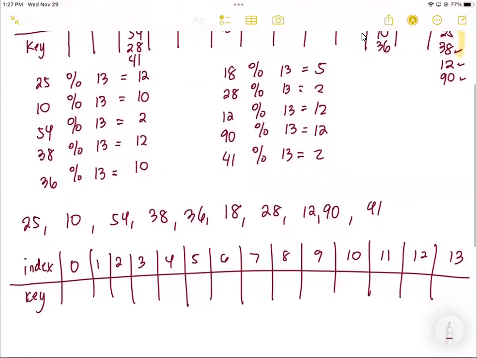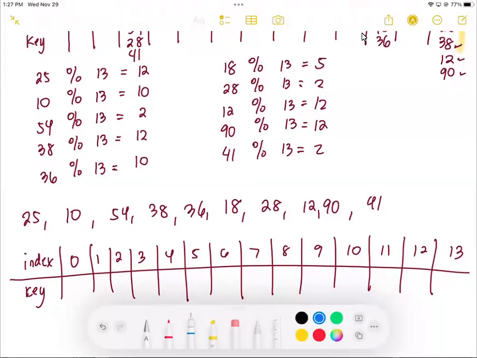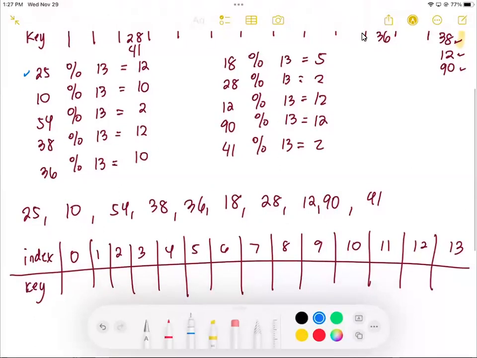Let us start with 25. 25 modulo 13 is 12 and 12 is empty, so let's just put 25 here. Next, 10 modulo 13 is 10. So 10 is also empty, so we add 10 there.